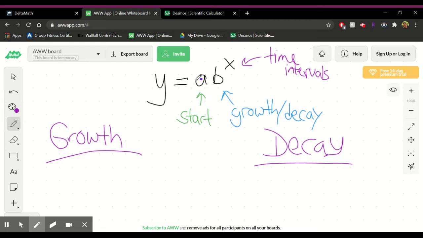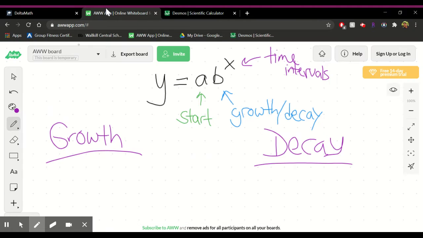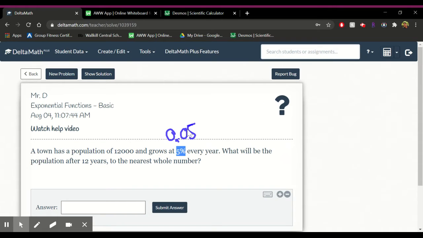Your starting value, what's your starting value? If we look back in the problem, our starting value is 12,000. So I'm going to write y equals 12,000. That's how you're starting off. Now we know it's growing, right? What's it growing by? 5%.